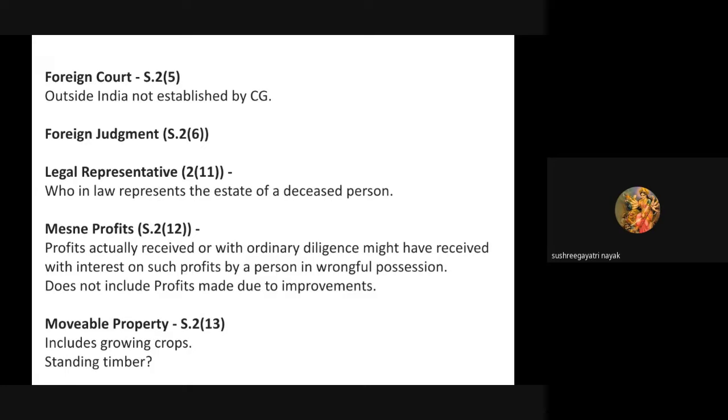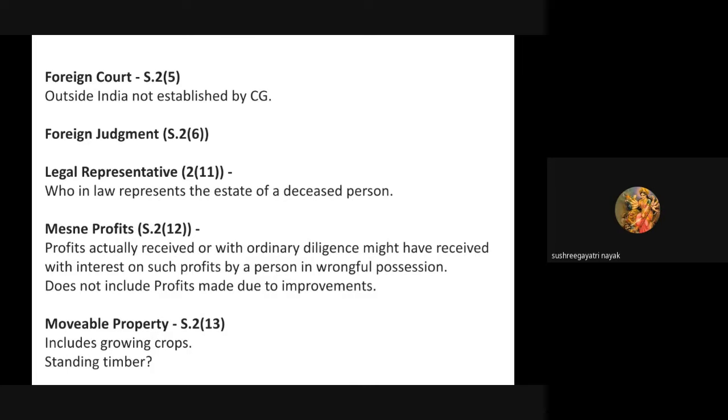Foreign judgment is nothing but a judgment delivered by a foreign court. And legal representative, defined in section 2(11), is a person who in law represents the estate of a deceased person. These short things you have to remember. Sometimes it comes in prelims, sometimes it is also asked as a 2 marks question in the mains as well. So all of this is important. I've missed out some of the definitions which are not important at all.